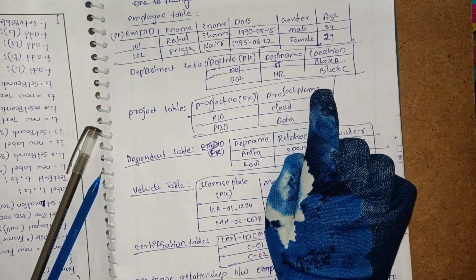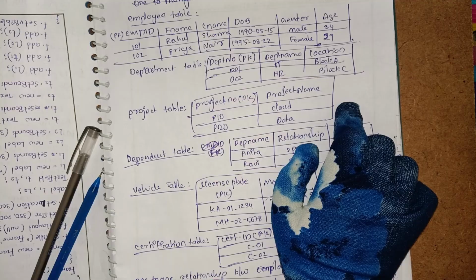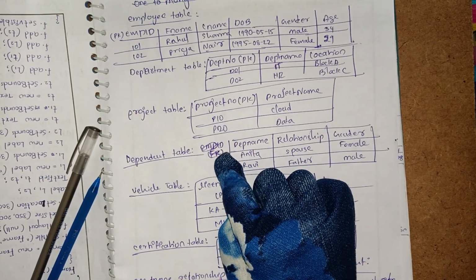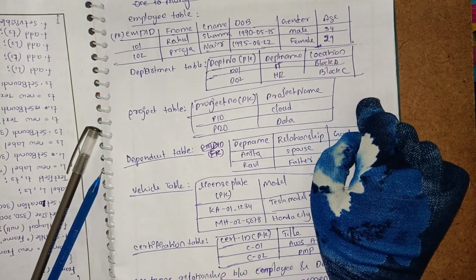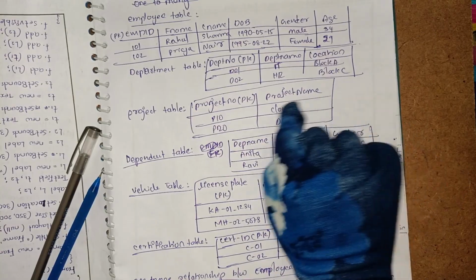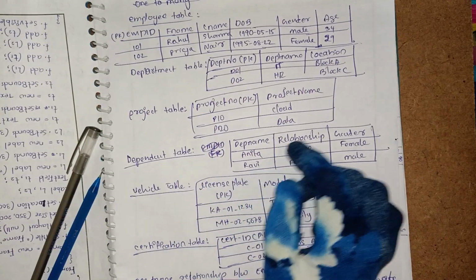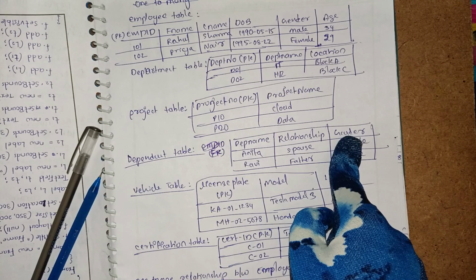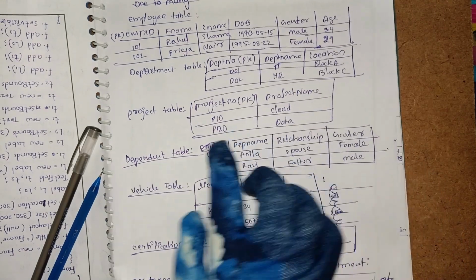And each employee is assigned to multiple projects. Means if employee 101 is assigned to P10 and P20 and P30 also, this 101 value should be repeated 3 times here, row 1, row 2 and row 3.